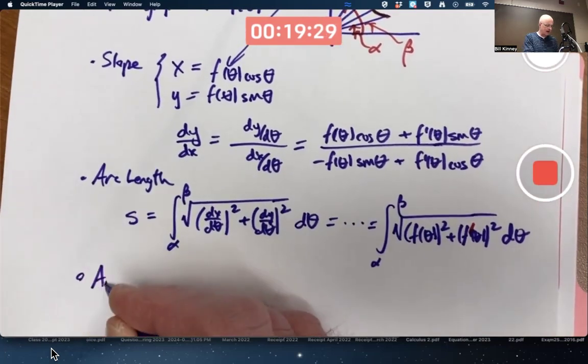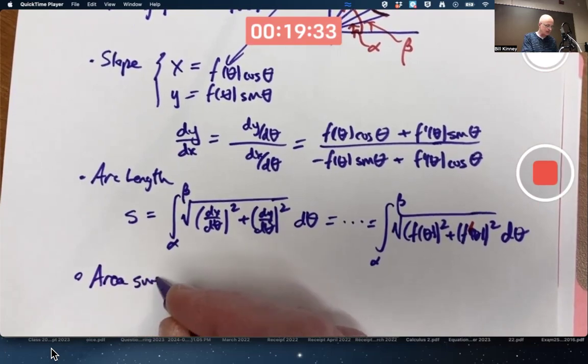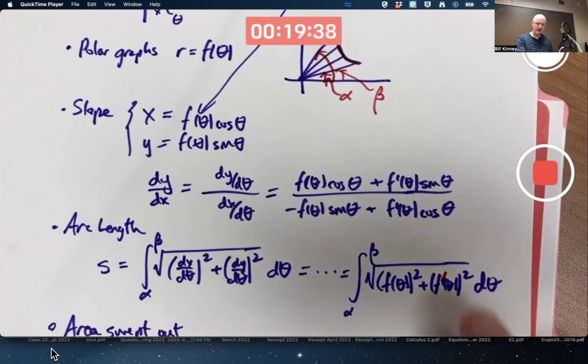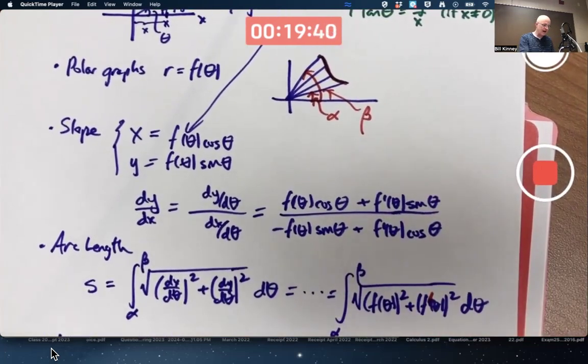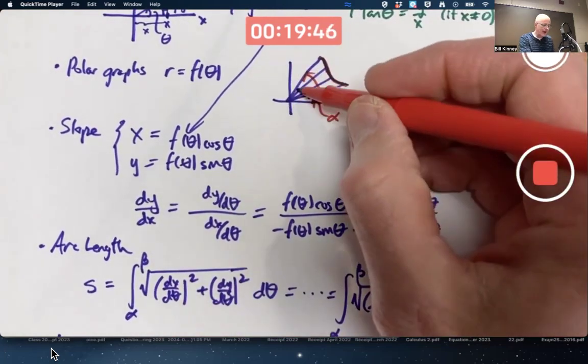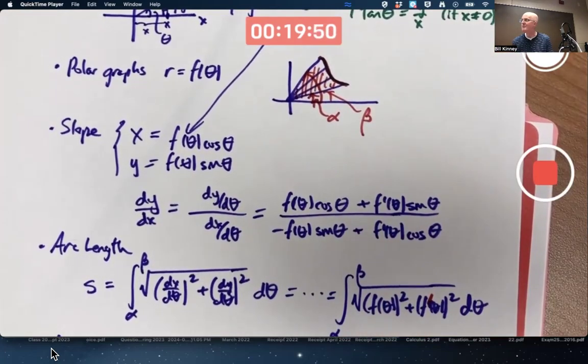And we also found area. Not area under a graph, but area swept out. In this picture back up here, it's not the area under this graph above the x-axis. No. It's the area of the entire wedge. The area swept out by the polar curve as the angle varies.